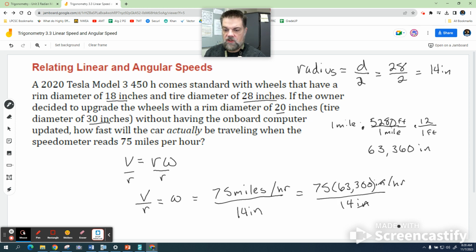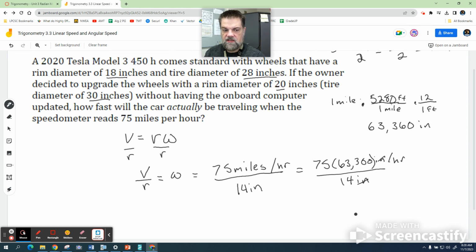And so when you crank through the math on this, we'll get that the angular speed is 339,429 radians per hour.